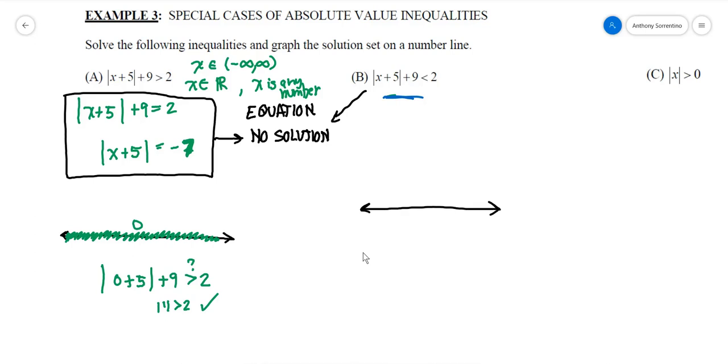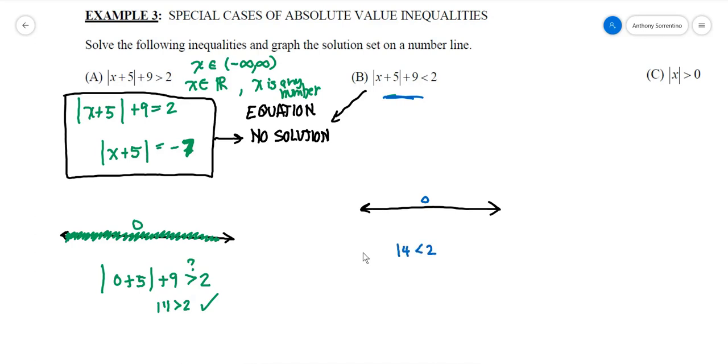I'm still going to get the equation to have no solution, but as far as the inequality goes, again, I have nothing to split this number line into any regions. And therefore, I'm just going to pick a number that's on the number line. I put 0 in. Now, if I put 0 in, it's the same left-hand side I had before, except now I have essentially 14.